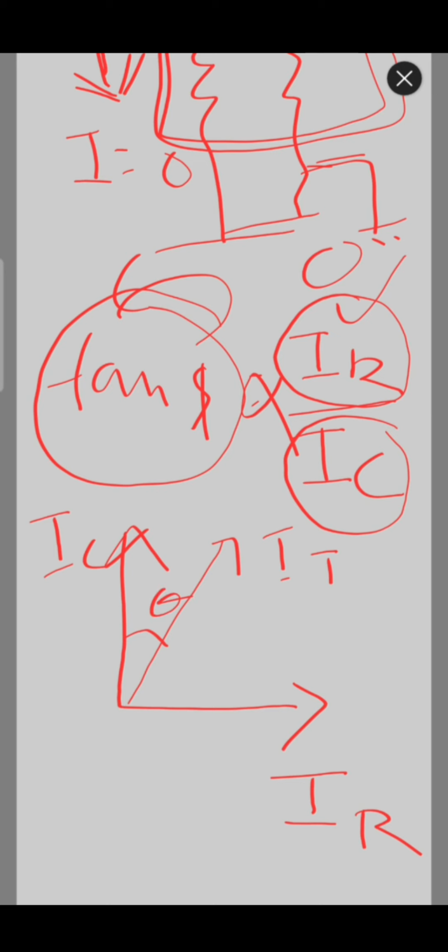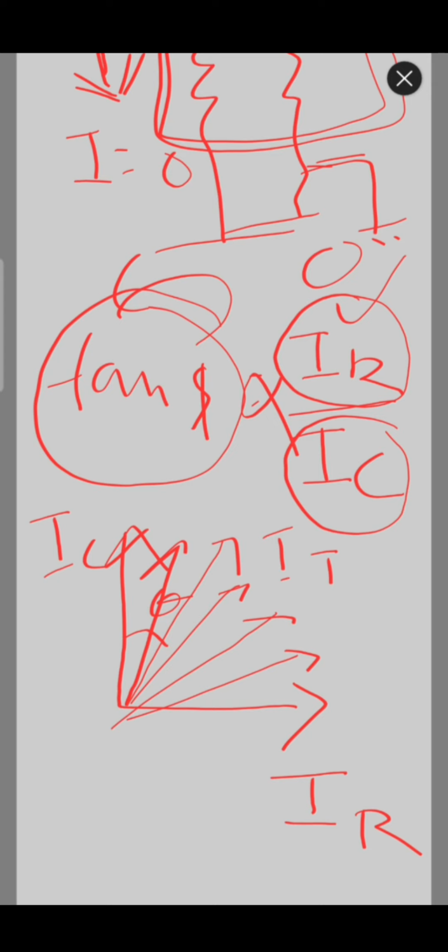This angle should be as minimum as possible. It should not go maximum. If the angle is increasing, then there might be a problem in the insulation of the CVT. I hope you can understand what is tan delta.